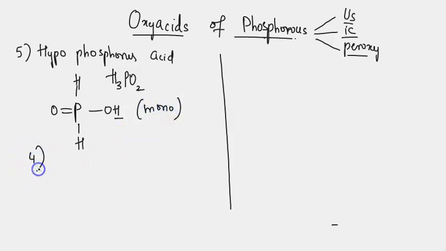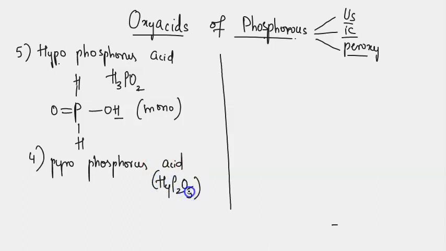Next compound to learn in order will be pyrophosphorus acid. This is hypo, and the next will be pyrophosphorus acid. Pyrophosphorus acid is H4P2O5. The formula is slightly different compared to the order.